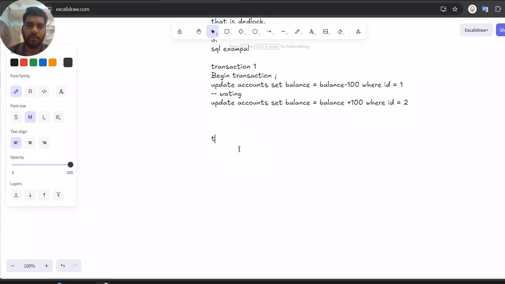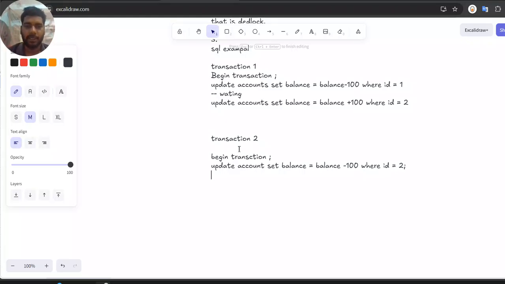And let's take another transaction, transaction 2. They start with begin transaction and update account set balance equal to balance minus 100 where ID is equal to 2.